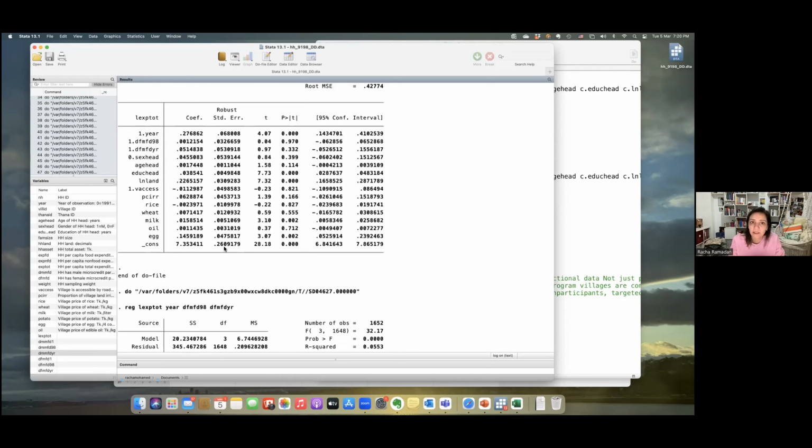What does this mean? That means that the program has no impact compared to the other variables, the covariates. Exactly. This means that when we controlled for other variables, like the age, the education, the sex of the head, the prices, the characteristics of the village, we found that this program is not significant anymore.